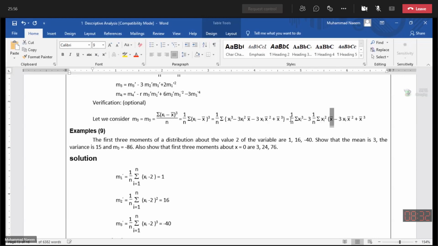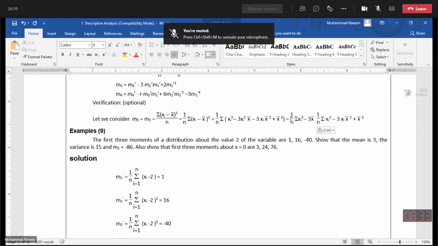We can also take this x bar outside the expression, outside the sigma. This is not necessary, just for the convenience. 3 and x bar are taken outside and the rest of the expression, because the variable term is xi square.